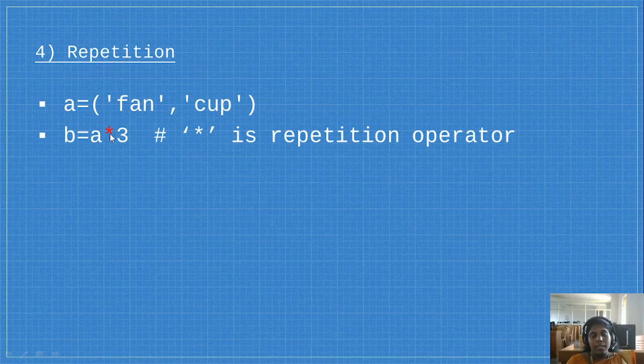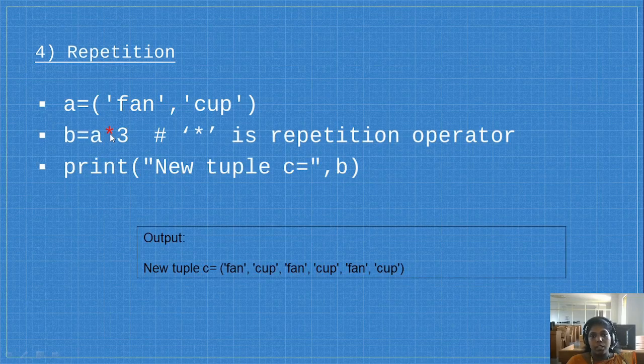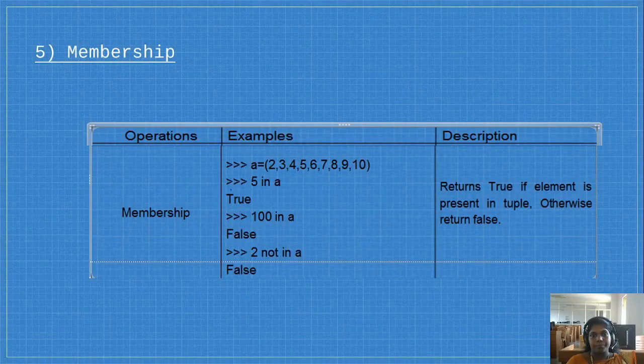It behaves as a repetition operator here. So if I did this, then the new tuple B has a value like this. You see, fan, cup, fan, cup, fan, cup. It's repeated 3 times.